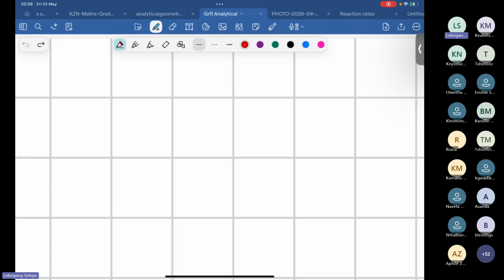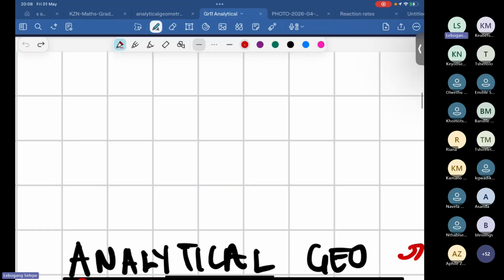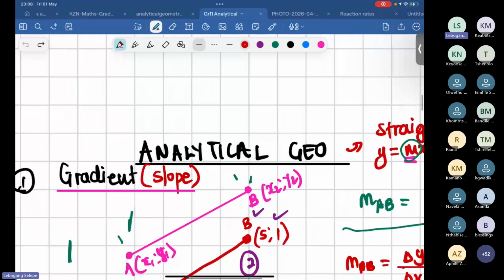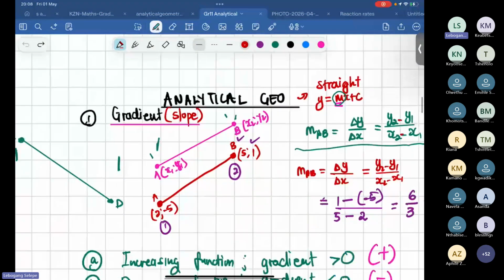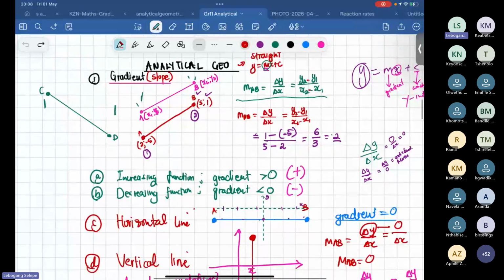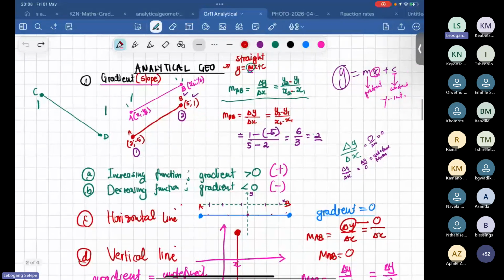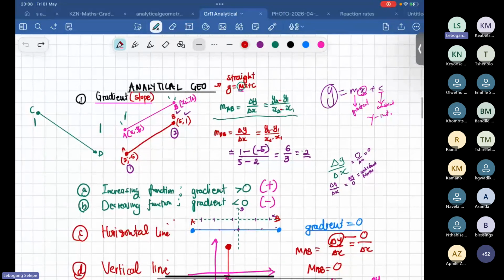But just to get started again, we're going to have a look at concepts that you should have already grasped from grade 11 and check if you still remember those. Because again, it's pointless if I just start with grade 12 analytical geometry, because it's only half of the total marks that you're going to have in your total paper in analytical geometry.